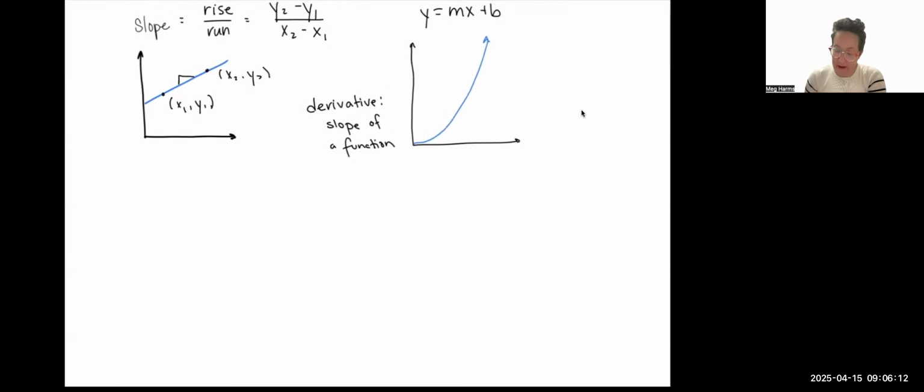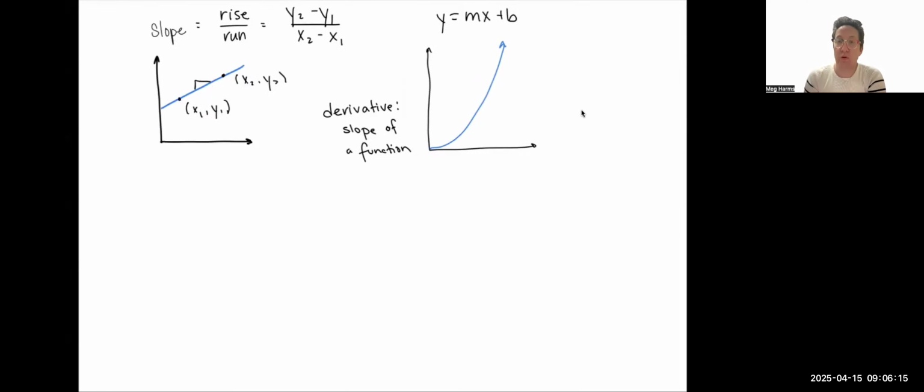So let's think then about how do we mathematically do that? It's sort of similar to our math with the linear slope over here. So at first we think about, well, what if we have 2 points and we just find the slope between those 2 points? And that will give a good approximation depending on how close the 2 points are. The closer the 2 points are, the better the approximation will be. So you can see here, if we had done those first 2 points, we would have a slope of a line that looks kind of like this.